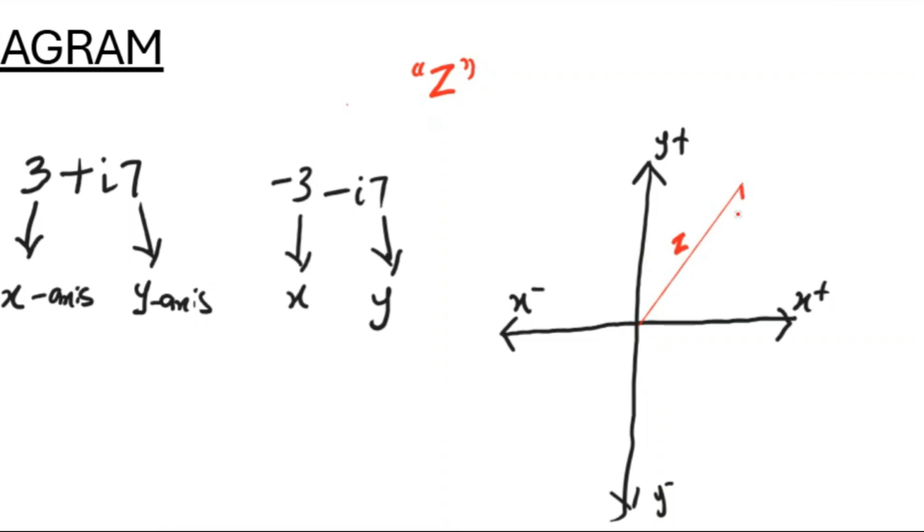If we trace this to the x-axis and we trace this to the y-axis, tracing this to the x-axis gives us our real part, and tracing this to the y-axis gives us our imaginary part. I told you that the imaginary part corresponds to the y-axis, while the real part corresponds to the x-axis.